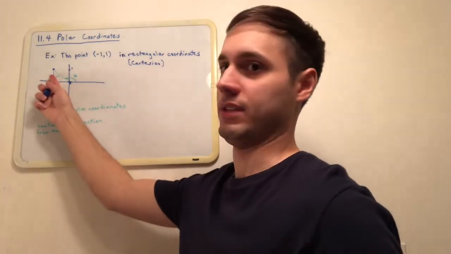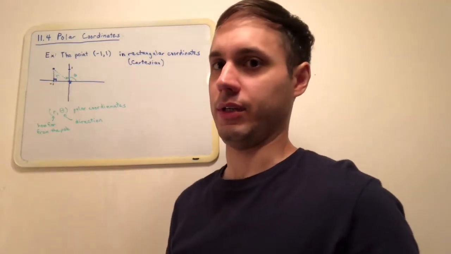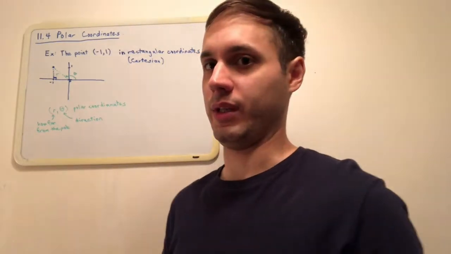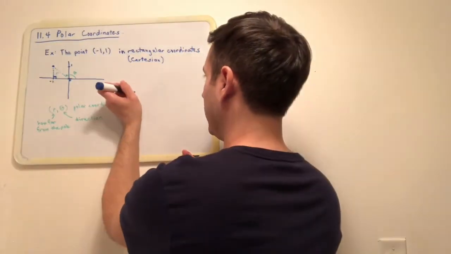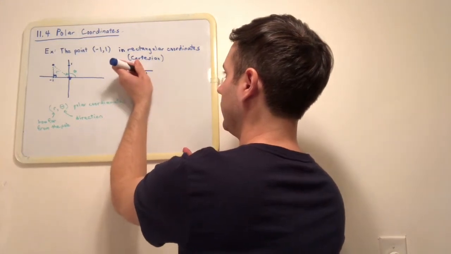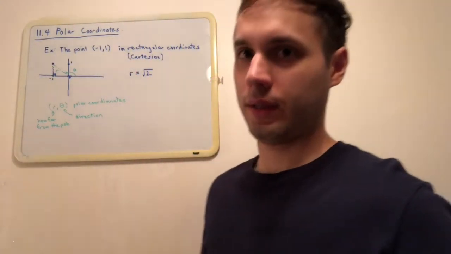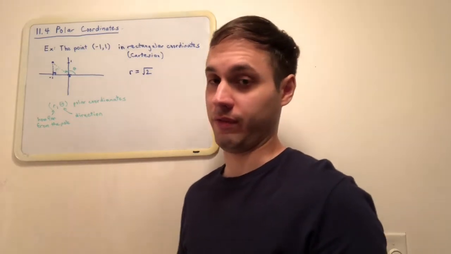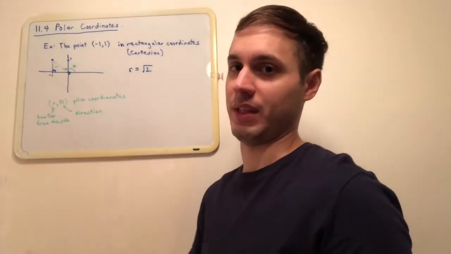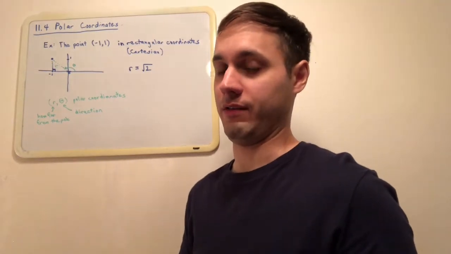Both legs have side length 1, and that should tell you that the hypotenuse, what we called r in this picture, is going to be the square root of 2. And since we're looking at a 45, 45, 90 triangle, this angle's 45 degrees, which tells me that theta is going to be 135 degrees.